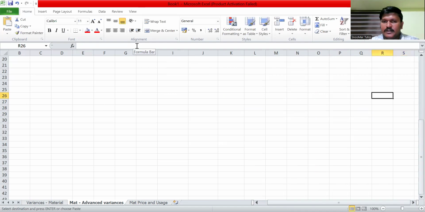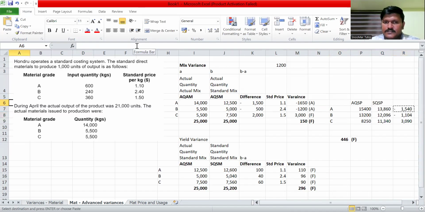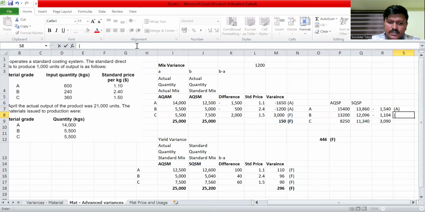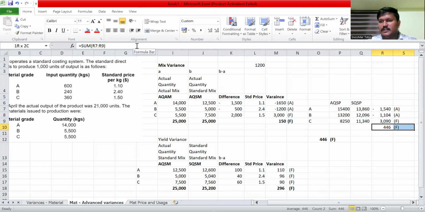So let's consider the example. In between, if you are saying the usage variance of A is adverse, B is adverse, but for this one you're getting a favorable variance over here. If I'm just totaling it up, I'll be getting 446 favorable in total.